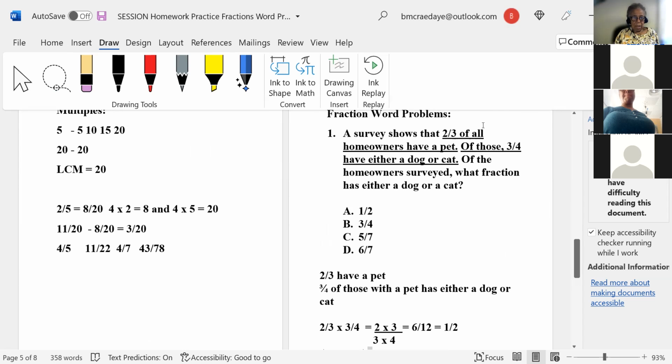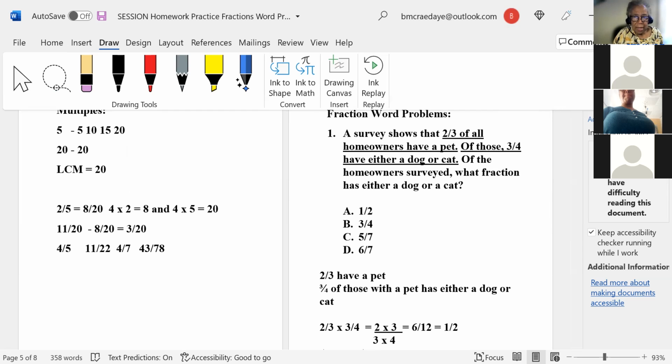The all is referring to the 3/4 that have either a dog or a cat. So 2/3 of the 3/4 will give you the fraction that has either a dog or a cat. So the answer is 1/2.